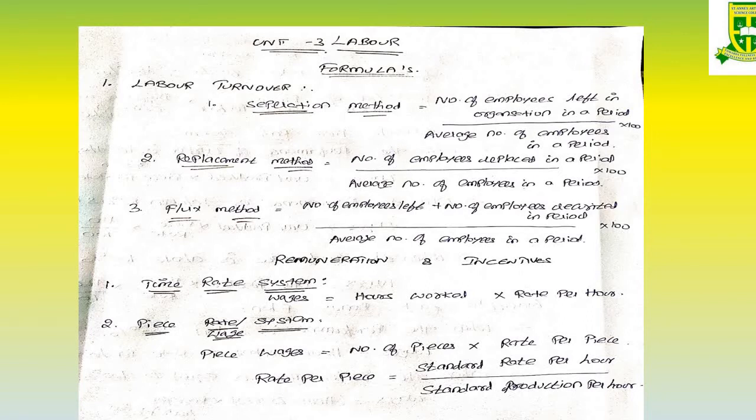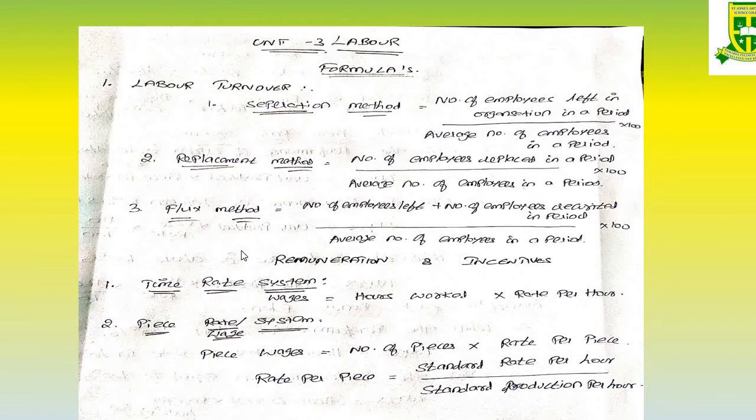That is called replacement. So be clear that the number of employees replaced in a year is different from recruitment. For example, 30 people have left the organization and for those positions we have taken 20 members. That is called replacement. That value is divided by the average number of employees, multiplied by 100.